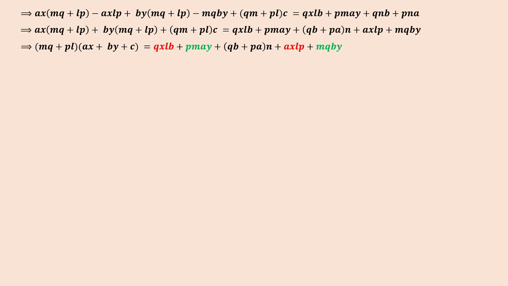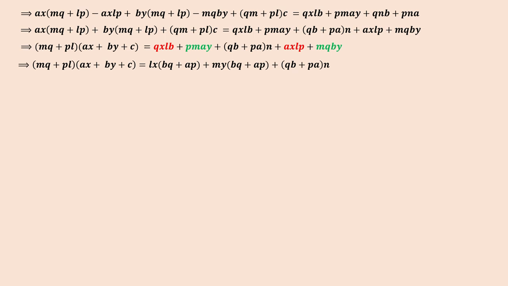Next, on the right hand side, QxLB plus PMAy plus (QB plus PA) into N plus AxLB plus MQBy. So we are grouping red and green terms.